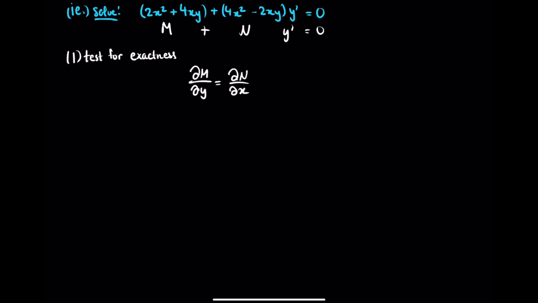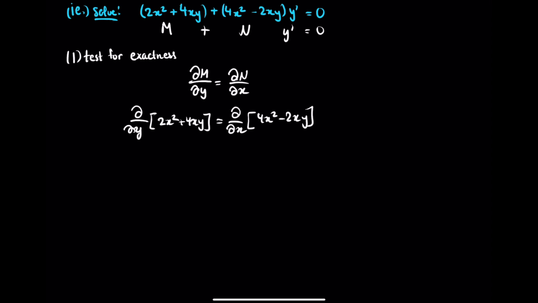So let's do that. Partial derivative of m, just to be clear, 2x squared plus 4xy, let's put this back here, 4xy equals partial derivative with respect to x of 4x squared minus 2xy.